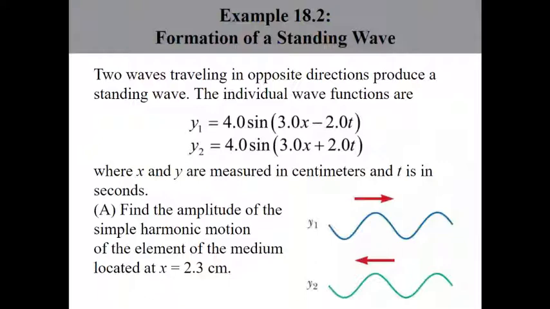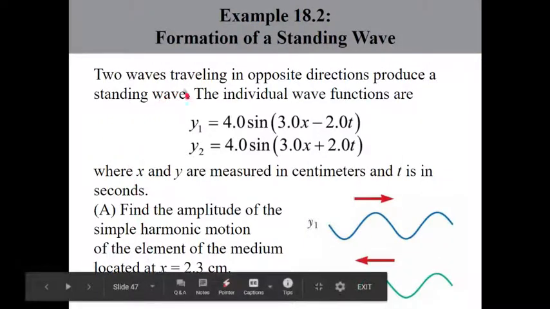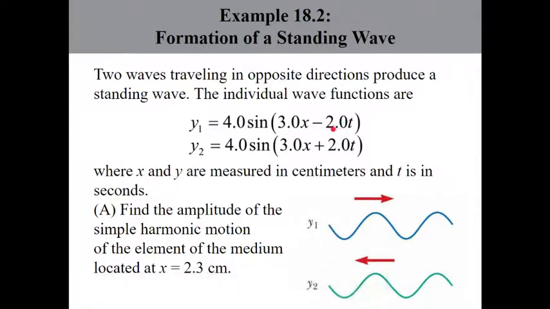So, to a question here where we're given two waves traveling in opposite directions and it produces standing waves. You have all the required elements here: same amplitude, wave number, angular frequency, but a different direction.